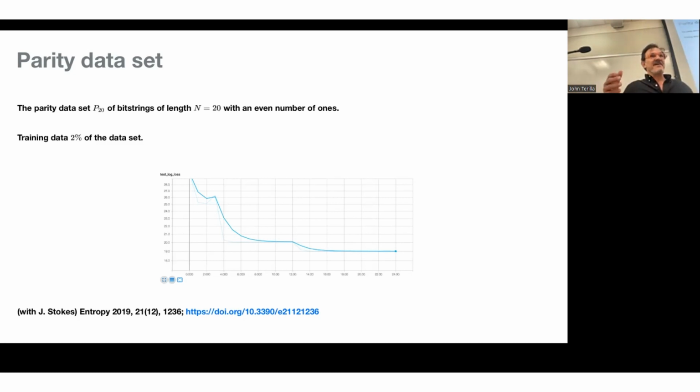It involves correlations over the entire thing with no conditional information. So for a while, this was the number one open unsolved problem on OpenAI's list of most important unsolved problems in machine learning, was to learn this data set.